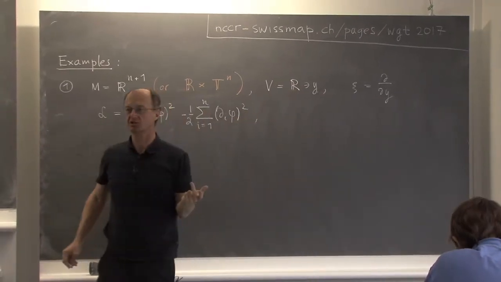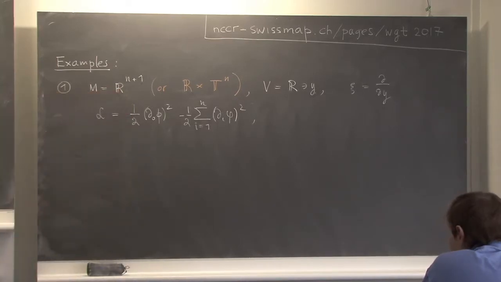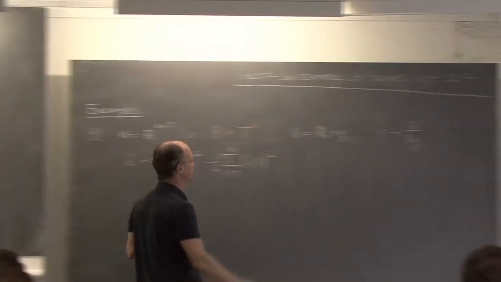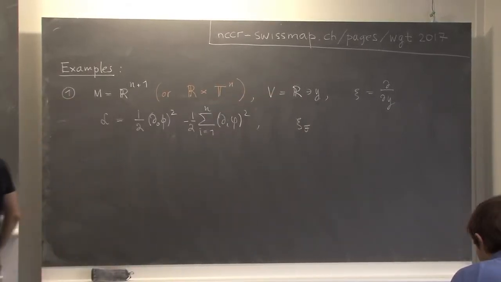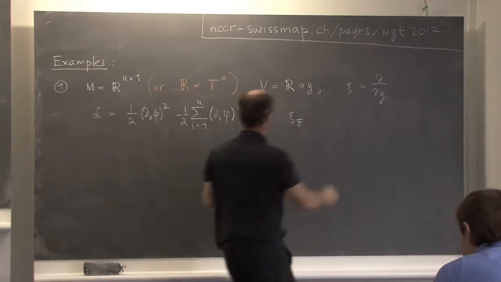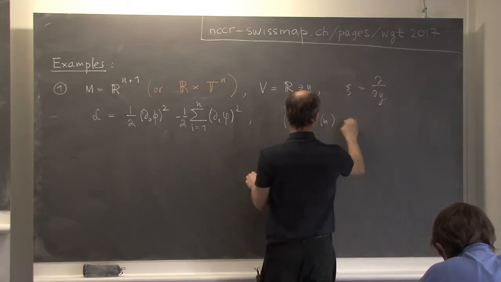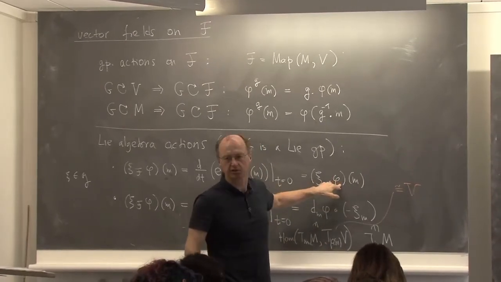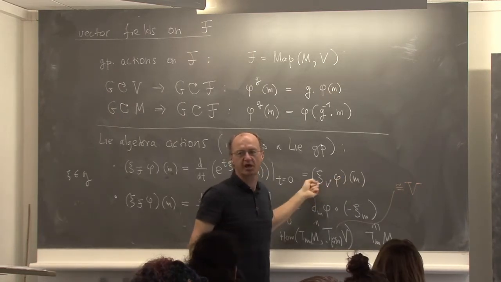So the first question is, what's the corresponding vector field on the space of fields, or on the space of maps? It is described by this formula. So psi f at phi at M will be the function psi f acting on phi at M. So what is the action of this vector field?